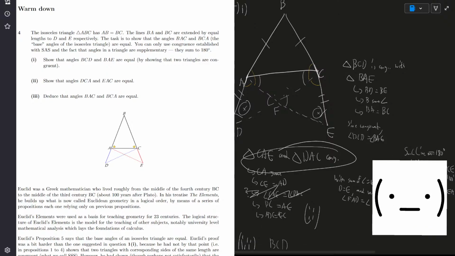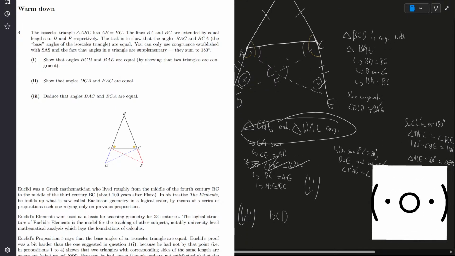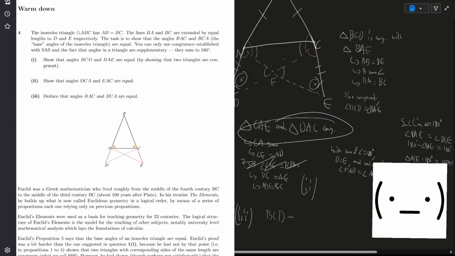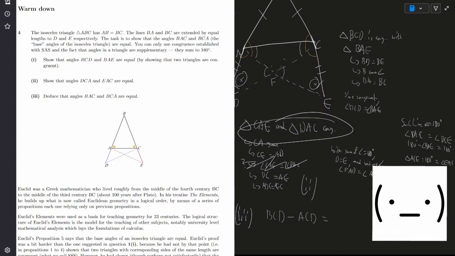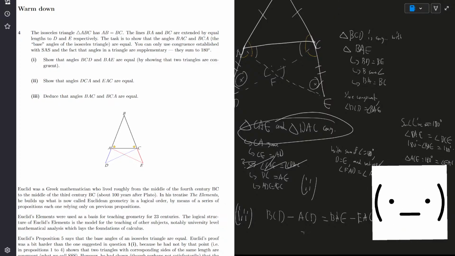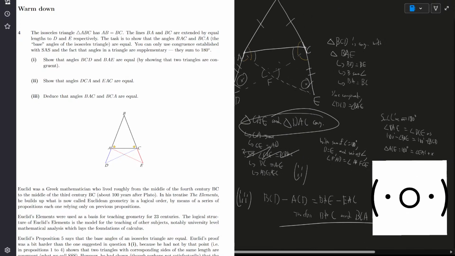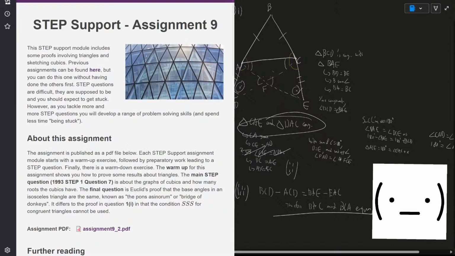Oh yeah, okay. I brain farted for a moment there. Okay, BCD minus ACD is equal to AEC minus EAC. Therefore, BCA are equal. Okay, good enough.